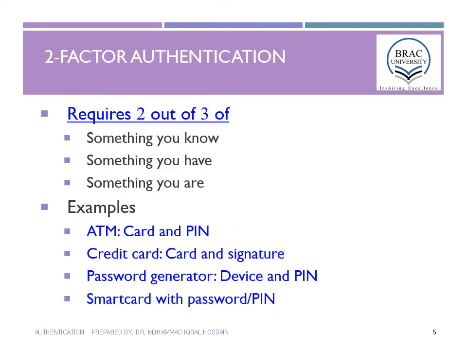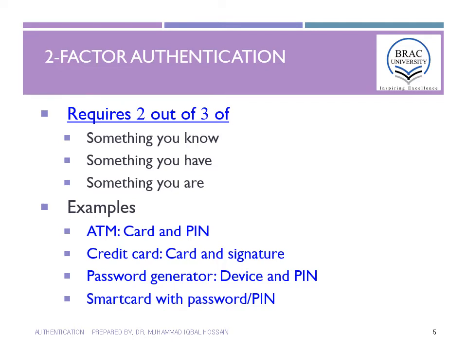Now let's discuss some other security issues, like two-factor authentication. Two-factor means, as we learned in access control, something you know, that is a password, something you have, that is a smart card or pen drive, and something you are, that is your biometrics. We can combine any two of them.